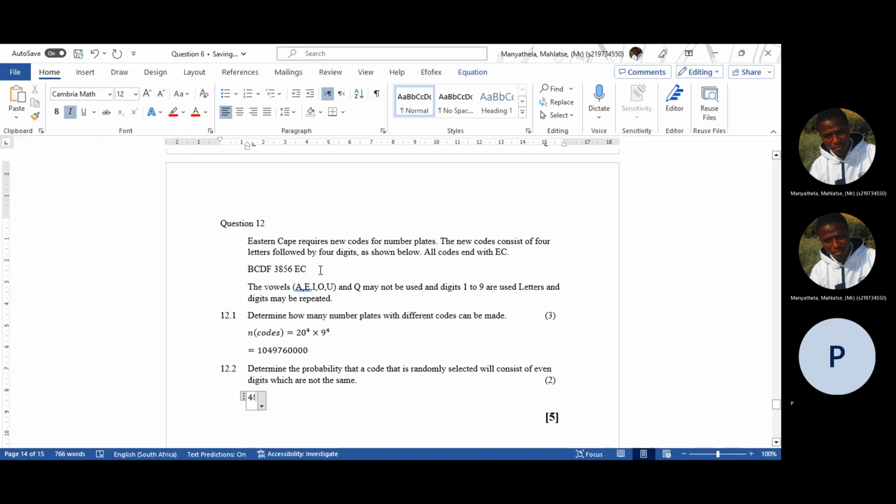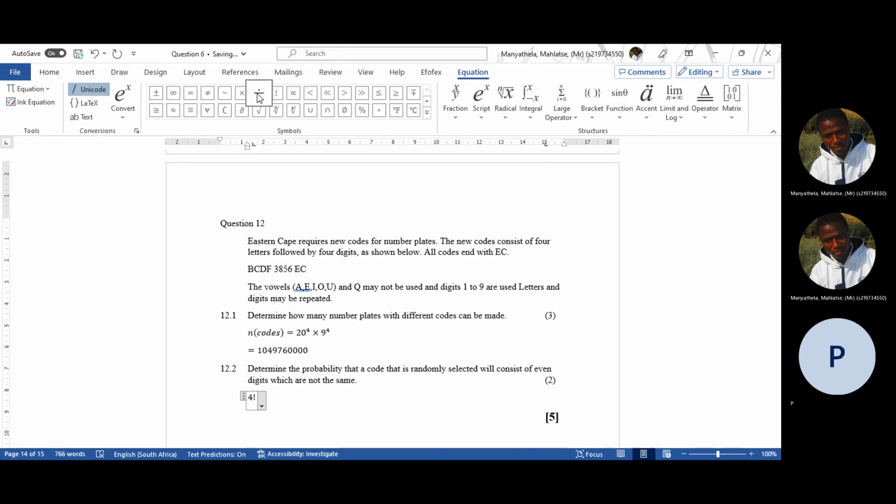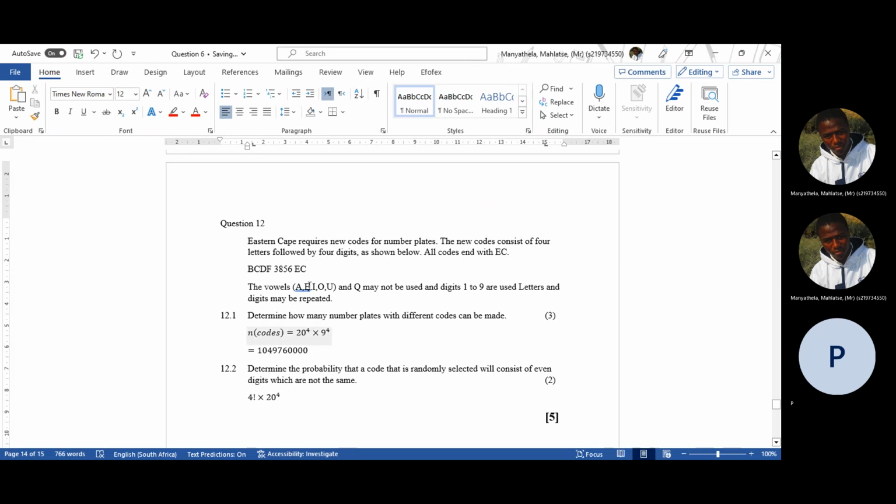So it's 4 digits that are to follow, multiplied by those 20 letters raised to the exponent 4. This 4 comes from this one.